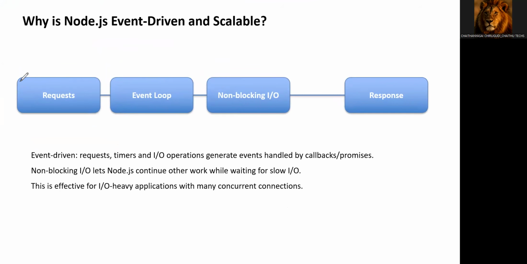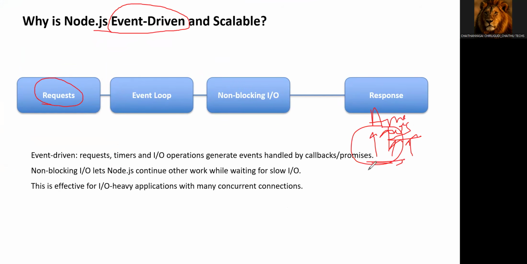Why is Node.js event-driven and scalable? I told you event-driven in part one, so again I will tell. Event-driven means the user sends a request, and for a web server, multiple requests can come. For example, on Amazon, multiple requests from users come for products and their results.